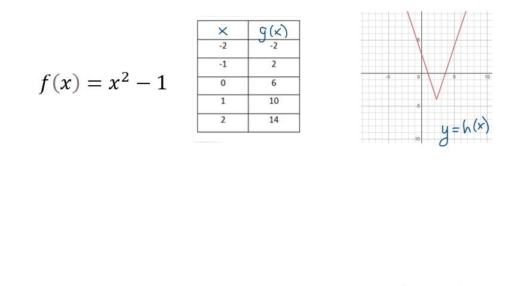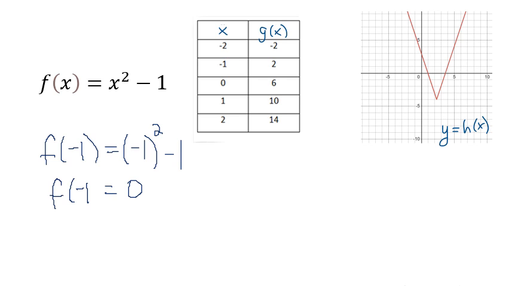So if I want to know f of -1, I've replaced x with -1 on this side of the equation. I need to replace it with -1 on the other side. So -1 squared minus 1 is 1 minus 1, which is equal to 0. f of -1 for this function f is equal to 0.